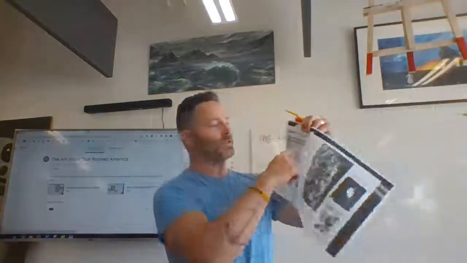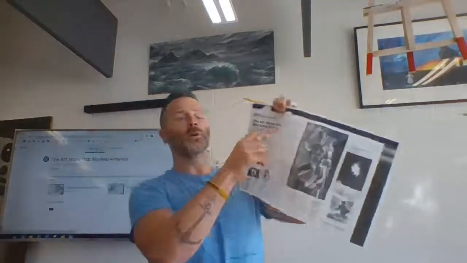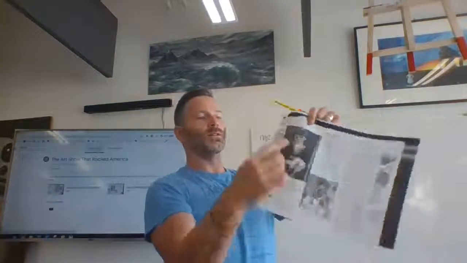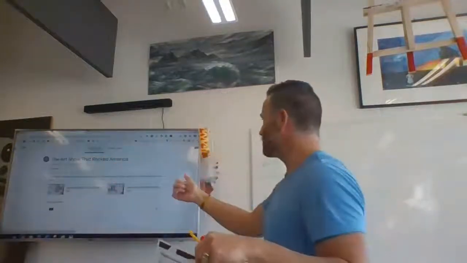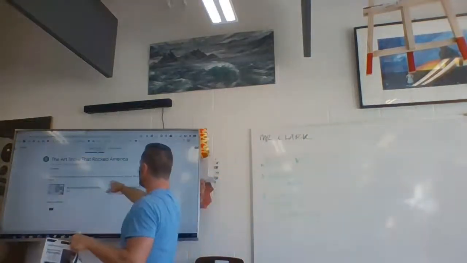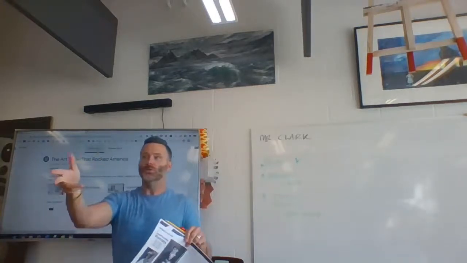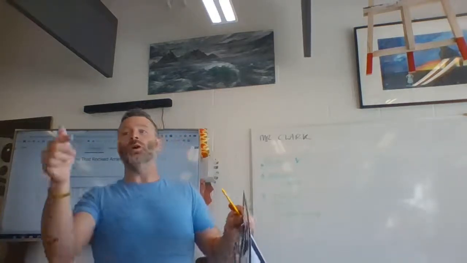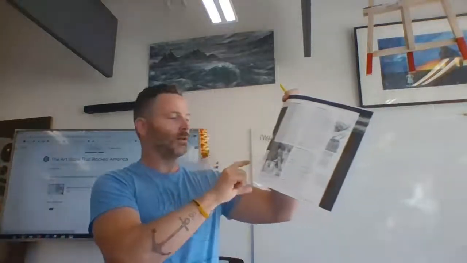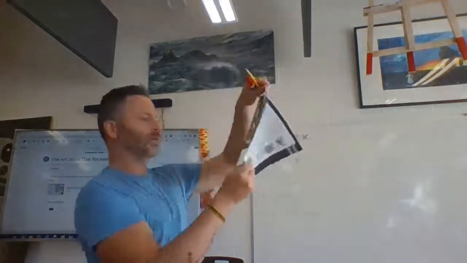And I think you should start with this side, the show that rocked America, and then move on to this side. And if you read the instructions here, it's saying there are questions under certain images. And I want you, not other people, I want you to actually, what do I have here?